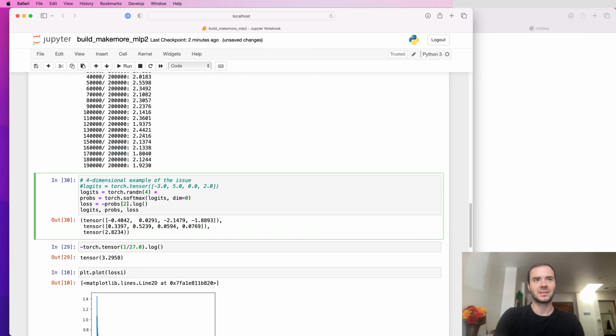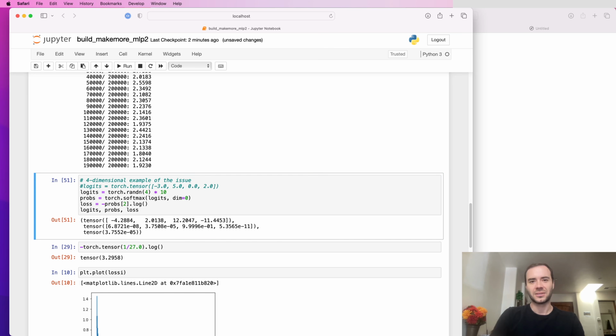But suppose this is like times 10 now. You see how, because these are more extreme values, it's very unlikely that you're going to be guessing the correct bucket, and then you're confidently wrong and recording very high loss. If your logits are coming out even more extreme, you might get extremely insane losses like infinity even at initialization.